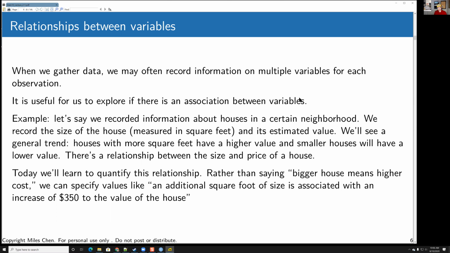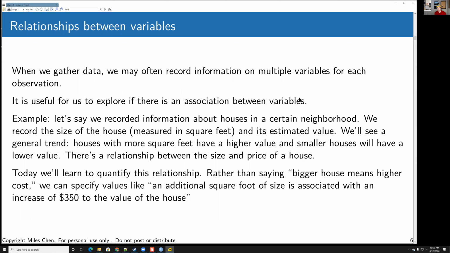Another example that I've put on my slide is, maybe we're going to look at houses in the neighborhood. When we look at houses in the neighborhood, we might write down the size of the house, like the square footage, and the estimated value of the house, all right?